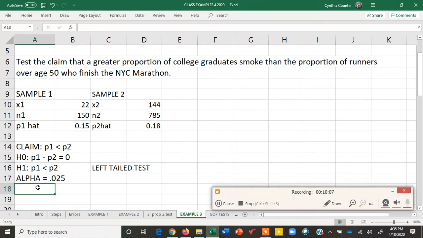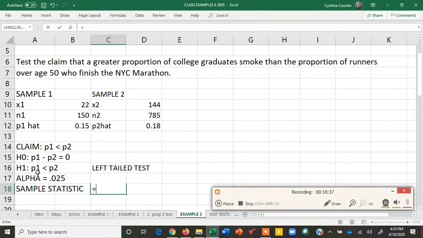So what we're going to do now is find the value of the sample statistic. Since we have two different sample proportions, we create a single sample statistic by taking the difference between the sample proportions. We want to make sure that we do this in the same order as we've written our alternative hypothesis.